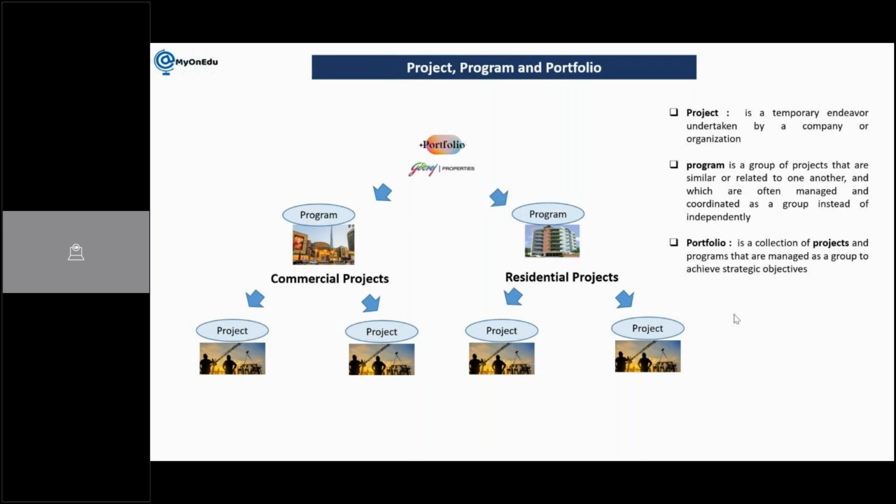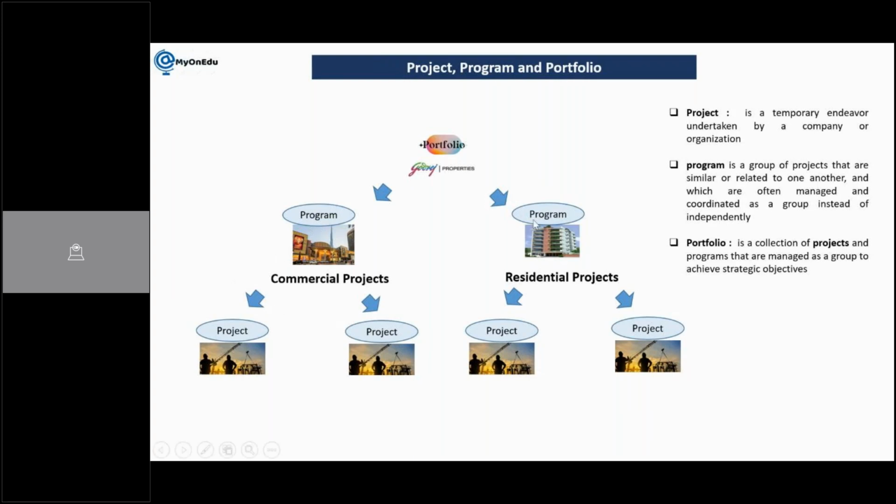So a portfolio will have similar types of programs and projects. If you see this example, I have taken the example of Godrej Properties. Godrej Properties is a separate legal entity which has two types of project: commercial projects and residential projects. Commercial projects are one category, one program, where I'm keeping similar types of projects in one place.